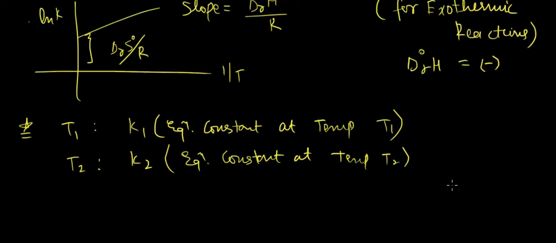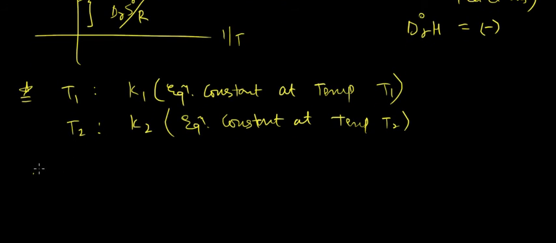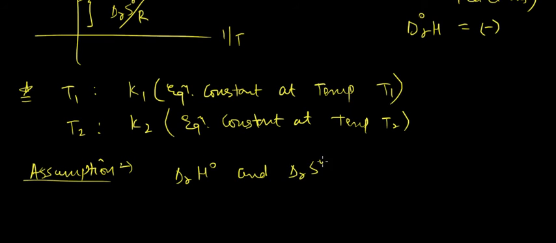Okay, so we have some assumption that, let's say, delta Rh naught and delta Rs naught both are temperature independent from T1 to T2.